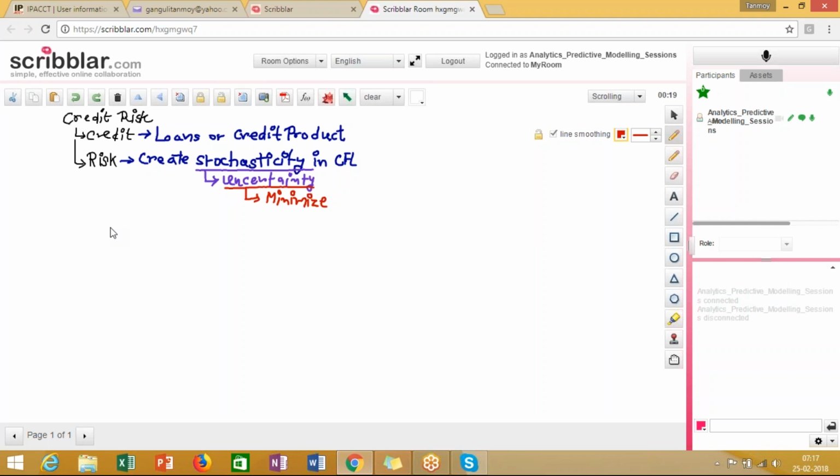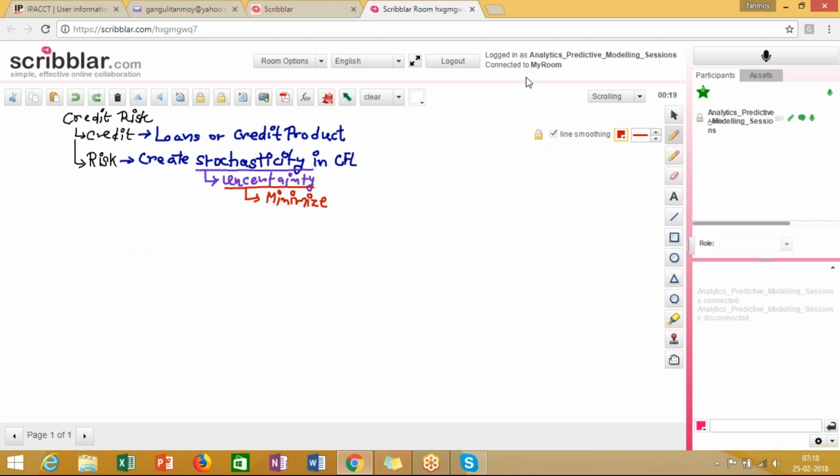So the interest differential, 15% minus 4%, that 11% is the profit which the bank makes out of whatever we had. So that is where the profit comes in.